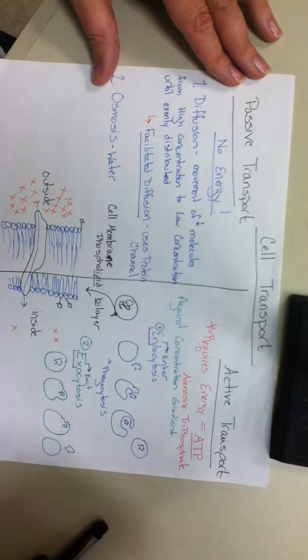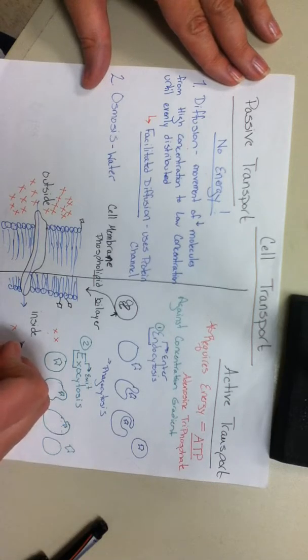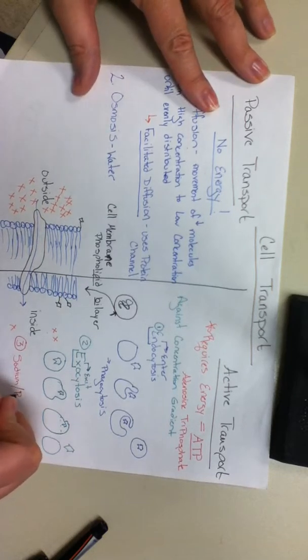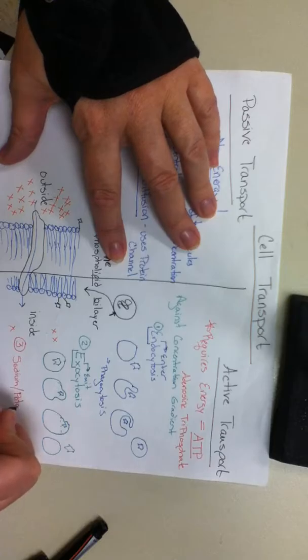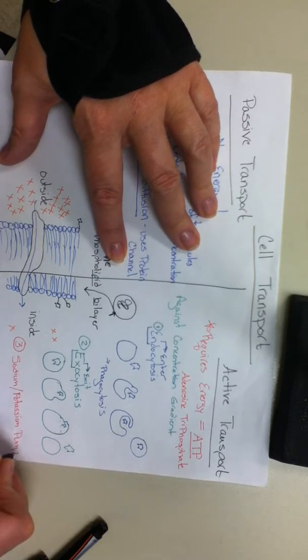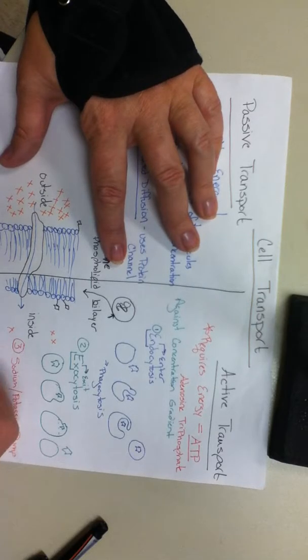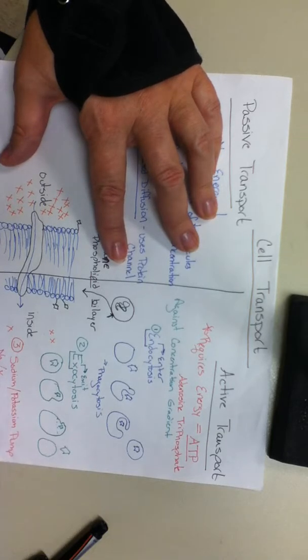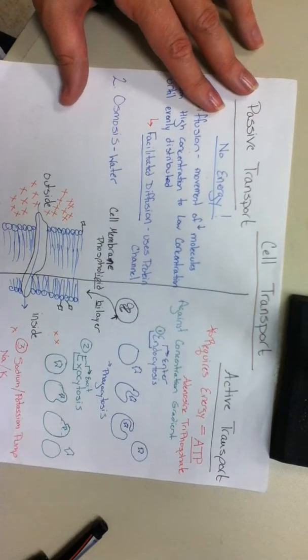The third type of transport that does require energy is our sodium potassium pump. Okay, sometimes you'll see it written as Na, which is the symbol for sodium, K, which is the symbol for potassium.